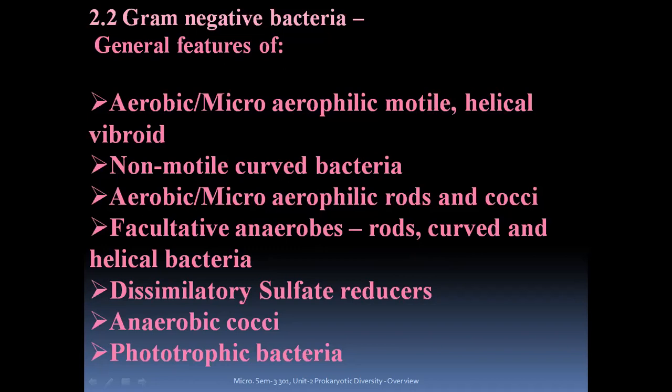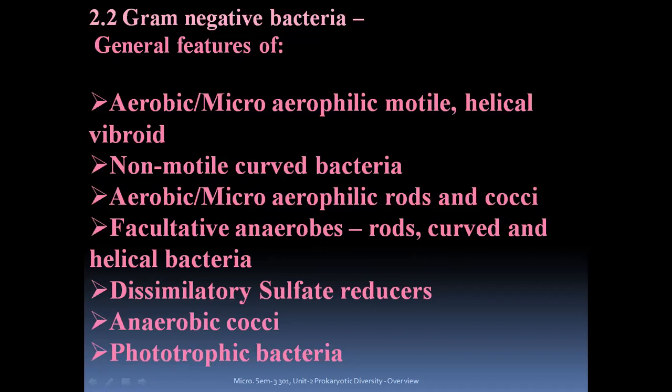Now, what all things we are going to study in this 2.2, that is gram-negative bacteria: general features of aerobic, microaerophilic, motile, that is moving, helical, that means helix-shaped, and vibrioid, that is comma-shaped. Non-motile, curved bacteria, then aerobic bacteria, microaerophilic rods and cocci bacteria, facultative anaerobes, rods, curved and helical bacteria.